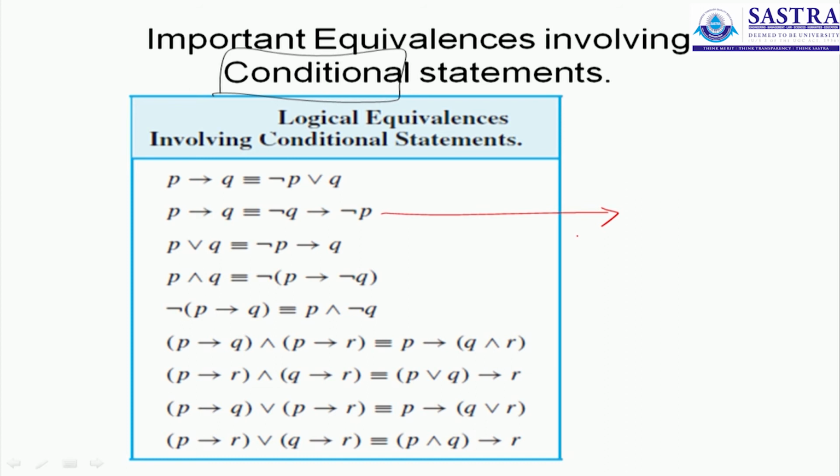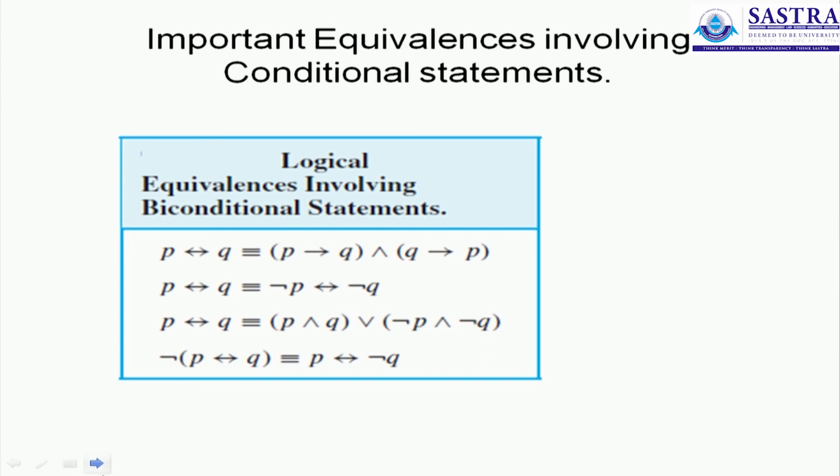Among these 3 combinations, only the last combination was a 100% match. So any conditional, if this is a conditional, this is its contrapositive. They are always equivalent. And you can also extend the same to biconditional statements.